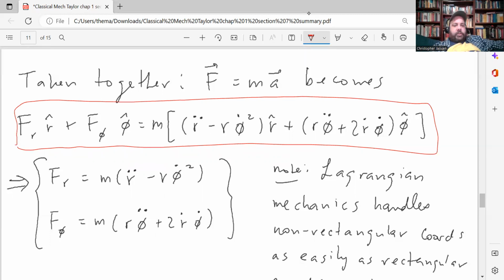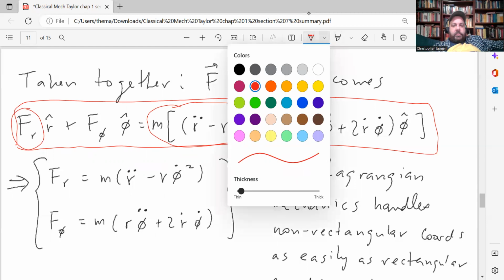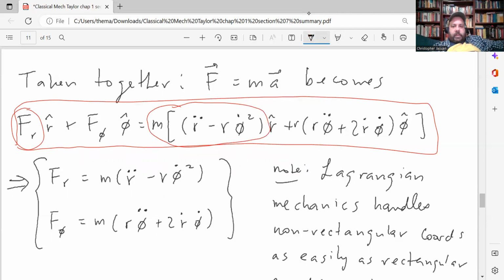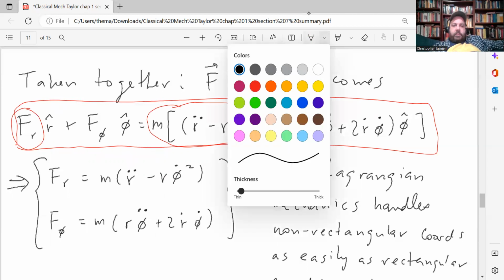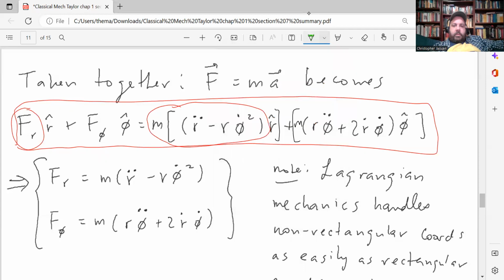All right, and then we could just equate the respective components. You have to distribute that m, so it should have an m here. I'll just write it like this. So then this would be the component in the phi direction.